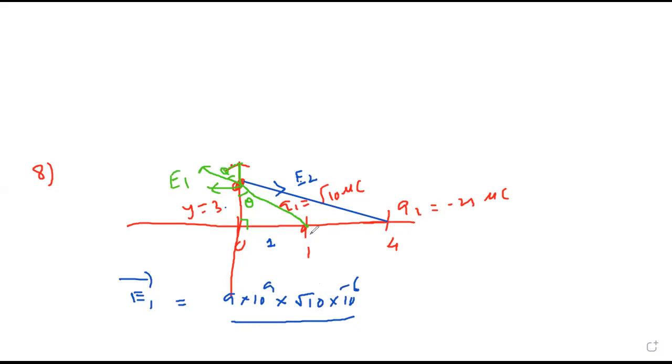No, this is 3, this is 1. So this distance how much? Root 10, Pythagoras theorem. Root 10. 1 upon 4 pi epsilon q into r square, which is root 10 square.